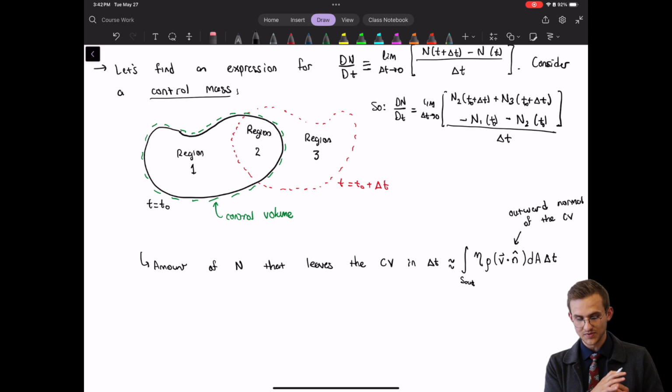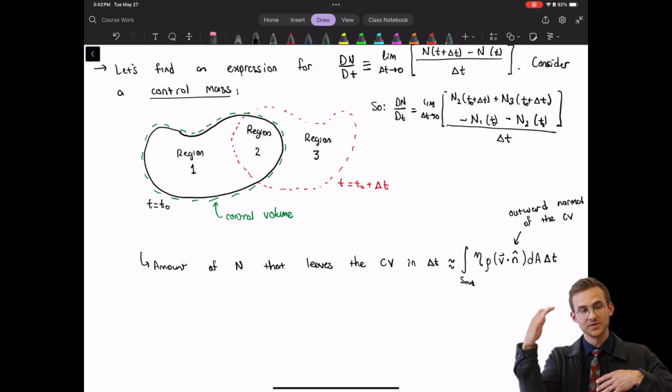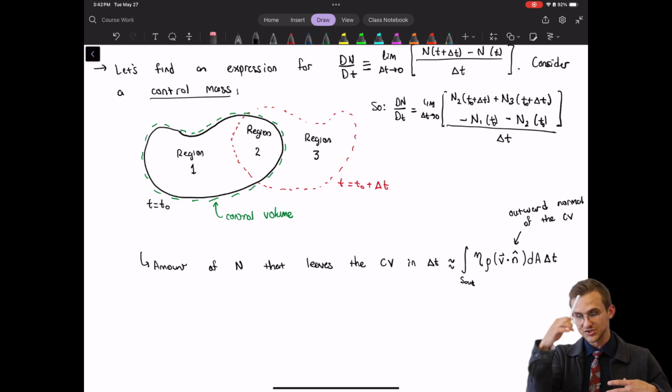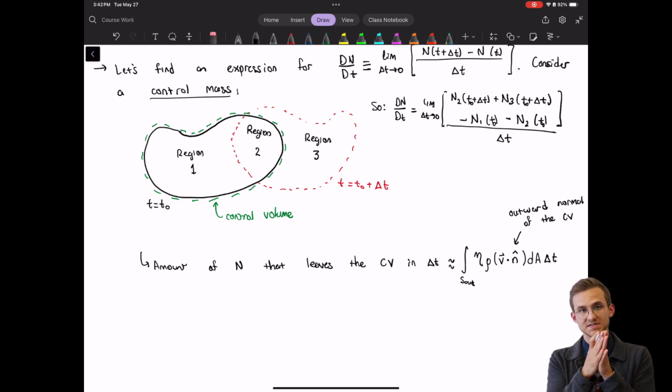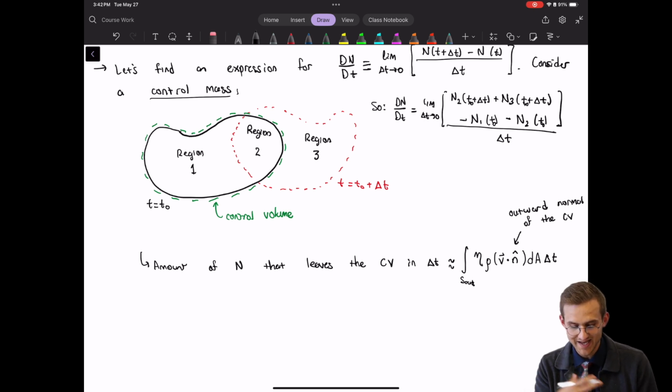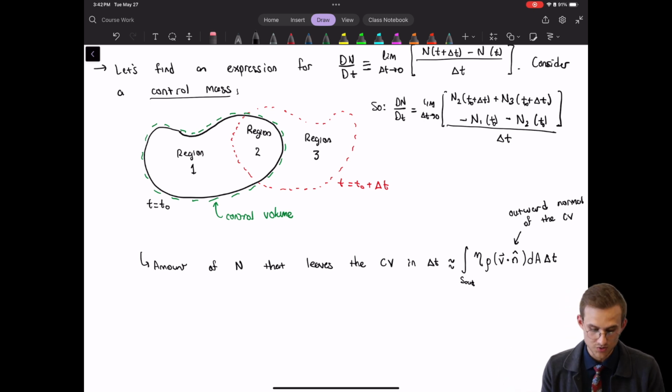The reason you need the dot product is because you're concerned with the flow directly out of the surface. The tangential component of the velocity at the surface is not causing any flux of the material out of the surface. So by taking the dot product with the outward facing normal, you're zeroing out or focusing only on the material that is leaving the control volume.